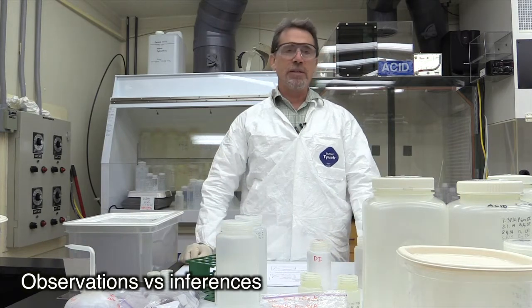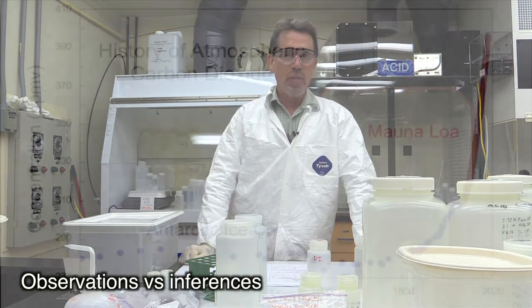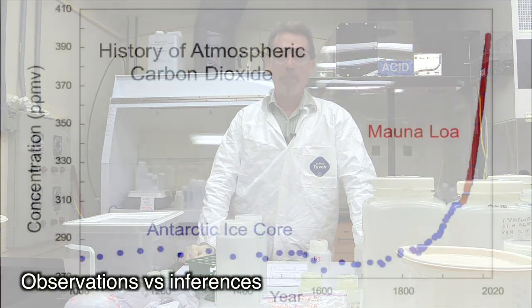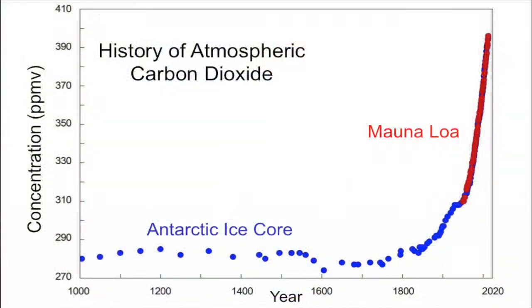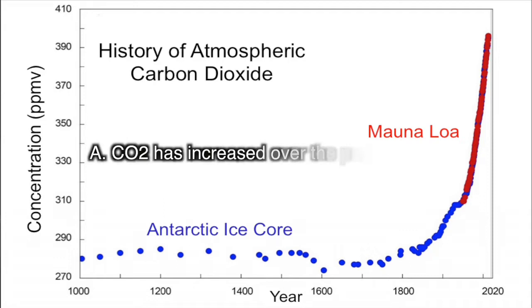So a really good example of all of this, if we go back to our iconic diagram of global change, that is the rising CO2 levels in the Earth's atmosphere over the past 1,000 years. If we look at that diagram, that rise of carbon dioxide in the Earth's atmosphere is a really good case example of how to understand the difference between observations and inferences. So an observation may be that the level of carbon dioxide, its concentration in the atmosphere, has increased over the past century.